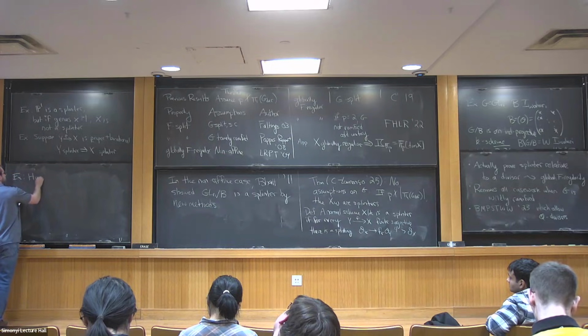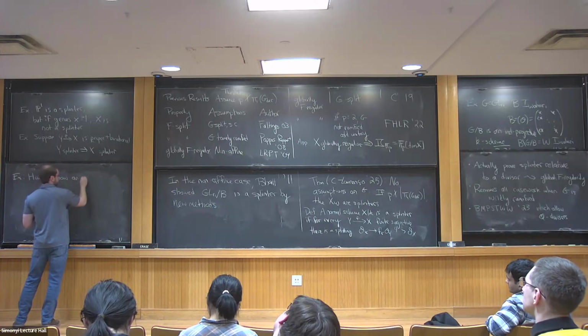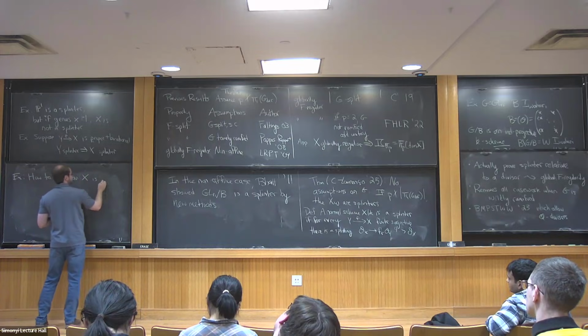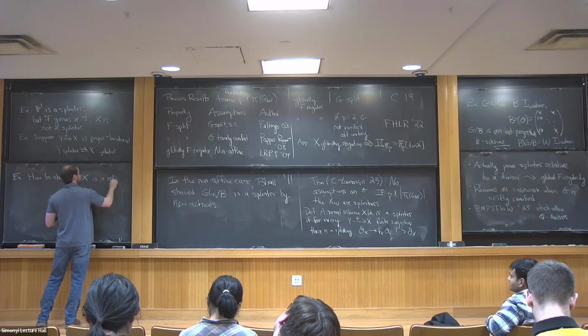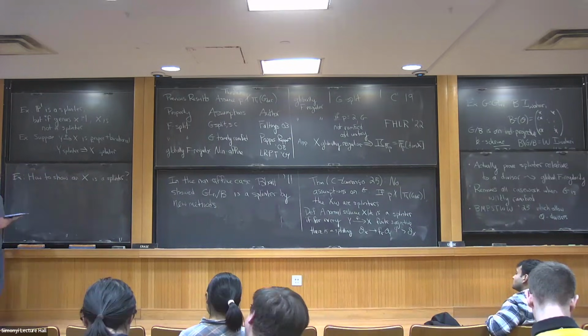So, how to show a given variety or scheme X is a splinter. It turns out that you can just apply some adjunctions.